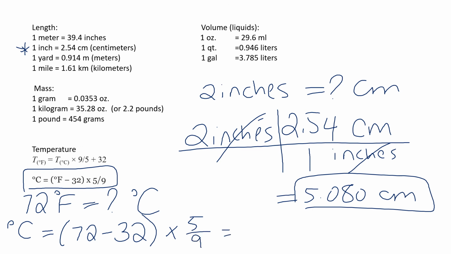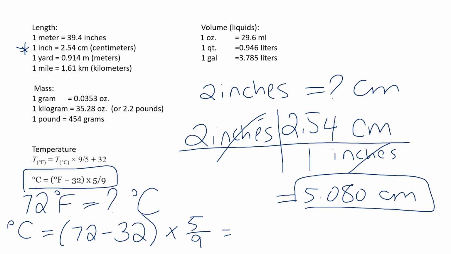What I would do first on your calculator is 72 minus 32 first, and then after you get your answer, because sometimes if you punch all of the numbers right away on the calculator, it's not going to give you the correct answer. So whenever you have a whole bunch of steps, you can punch it all in your calculator, but make sure you're putting parentheses, otherwise it's going to give you the wrong answer. Or just do it one step at a time.